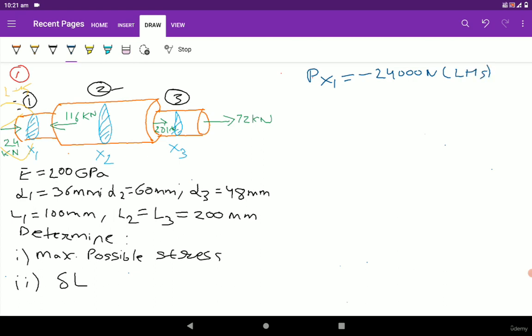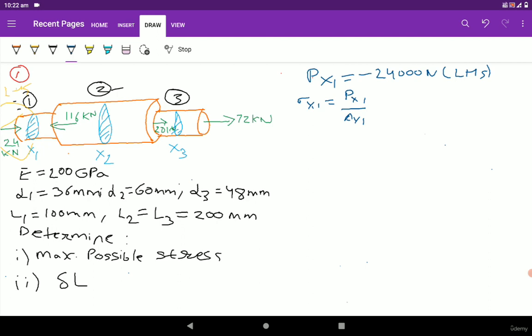So we can calculate the stress at the section x1 as sigma x1 is equal to px1 upon ax1. Here px1 we have already calculated. So px1 is minus 24,000 Newton.